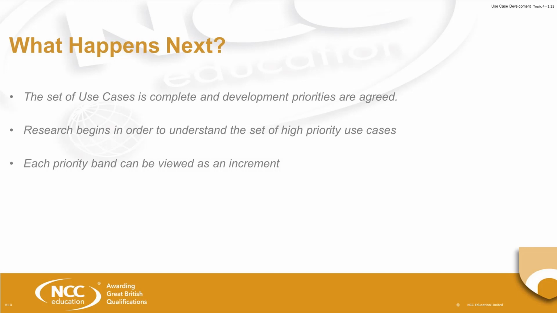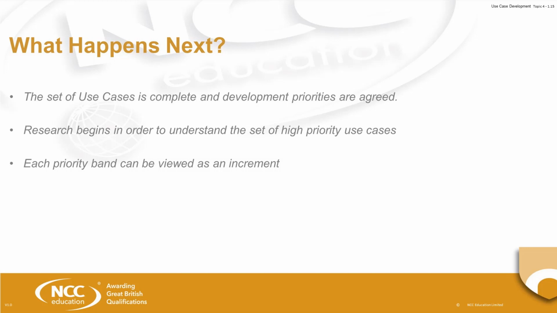And as I've already alluded to in previous slides, each priority band should be viewed as an increment in our incremental development approach. Again, if you specify a set of use cases for your project and you prioritise some as high priority, you will be expected to complete all of those high priority use cases.